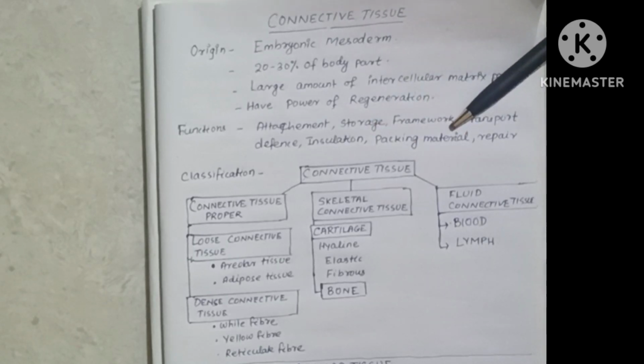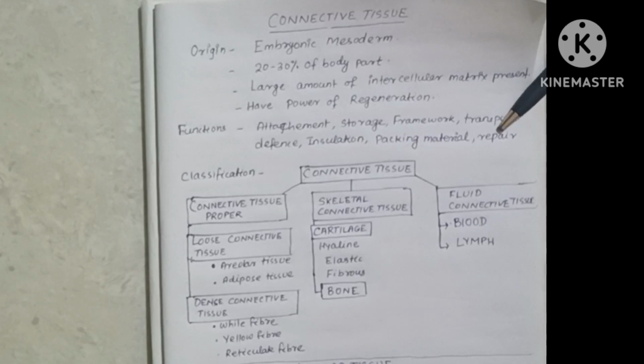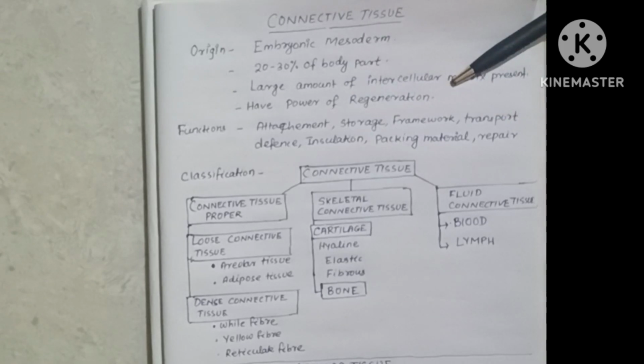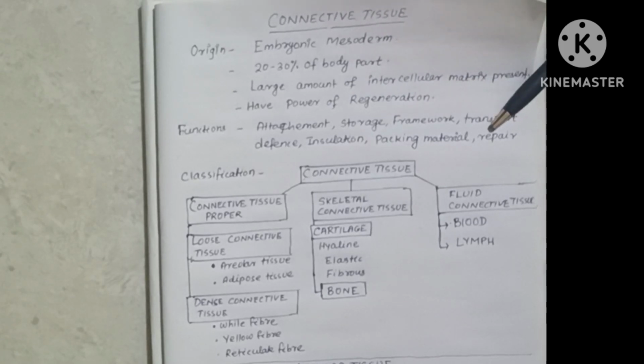Then packaging materials are mostly concerned with connective tissue proper, which is discussed in the next slide. Then repair means regeneration. Previously we discussed that the power of regeneration is very high in connective tissue, so its main and important function is repair of body parts.